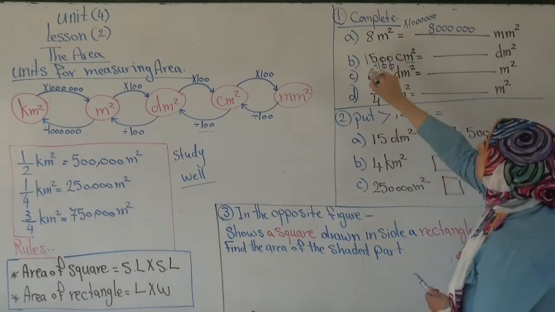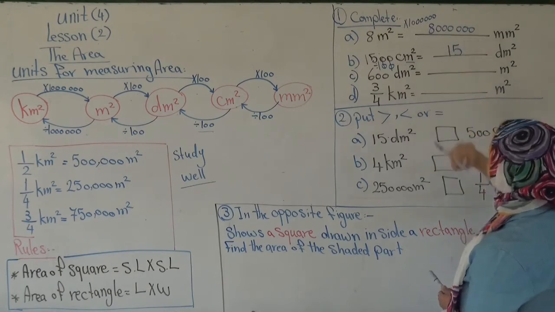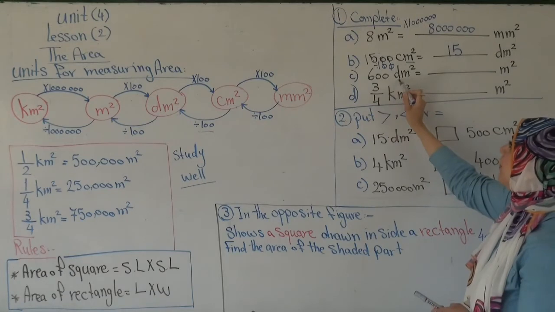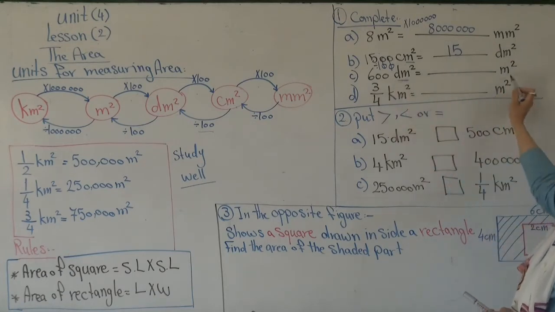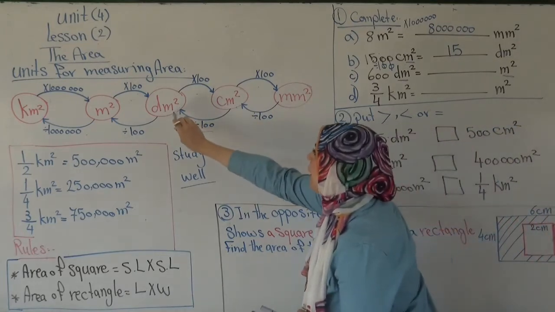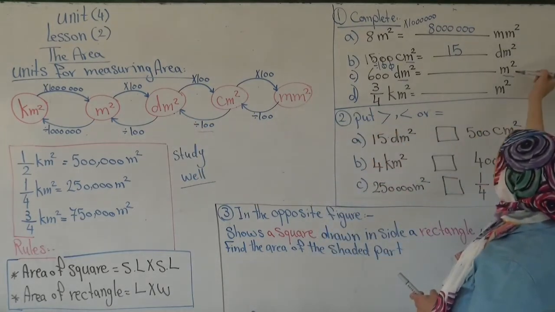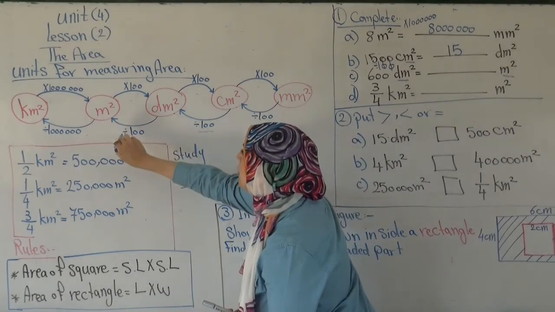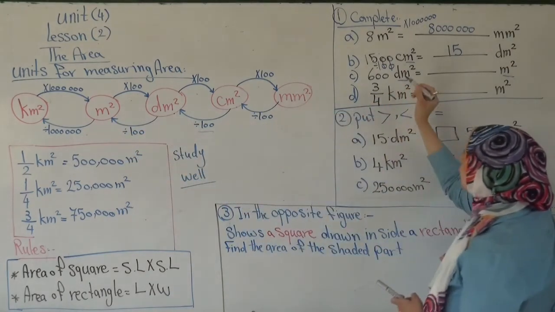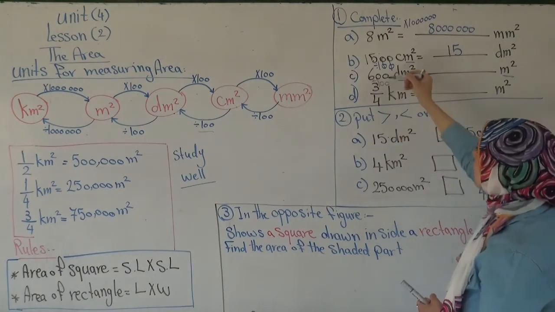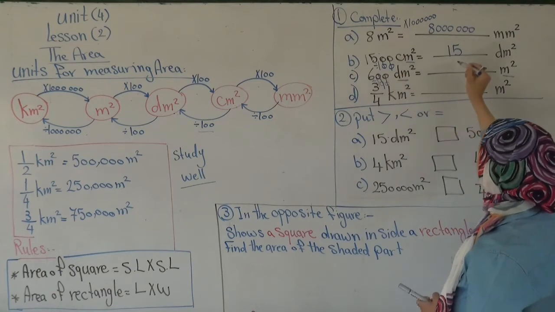The answer will be 15. So easy. Okay, look at C. From decimeter square to meter square. From smallest to the greatest, make divide. Also divide 100. Cross the zeros. The answer will be 6.